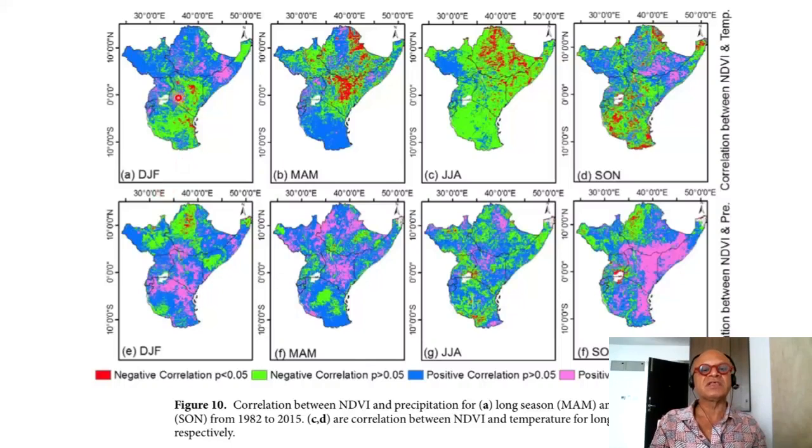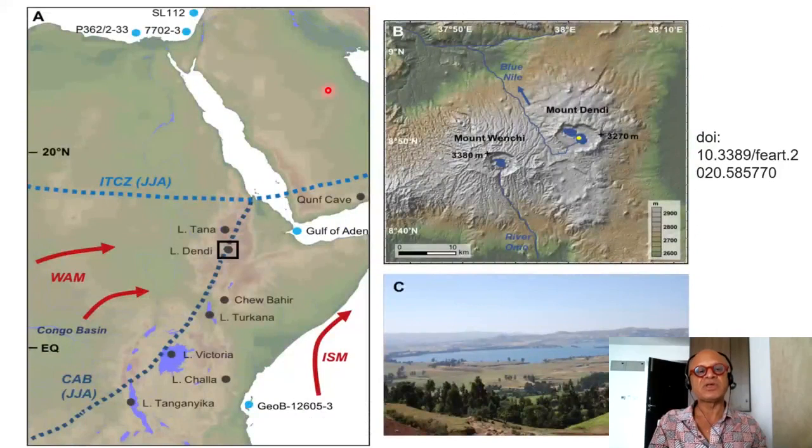So you can see that there are patches of negative correlation and positive correlations. So the correlations at grid scale can be very patchy. Does it matter for what we are discussing in terms of impacts on hominin evolution? And what does it mean in the modern era since Holocene? So we can look at a Holocene paper here for that.